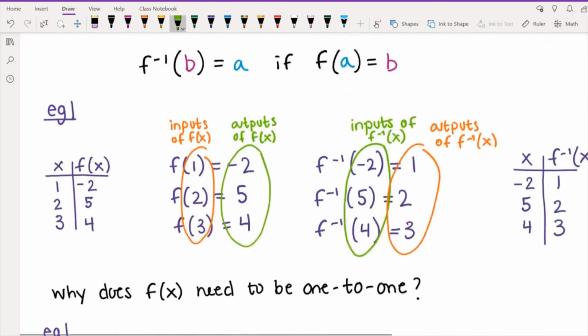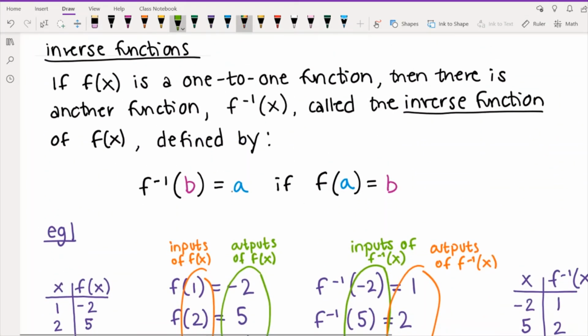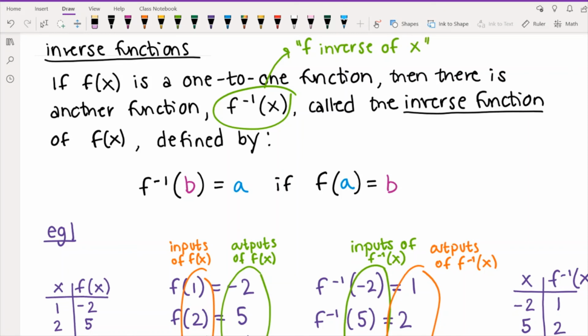And maybe I'll even make a note of that up here. So when we write f inverse, or when we write something like this, the way you would pronounce this out loud is you would say f inverse of x.